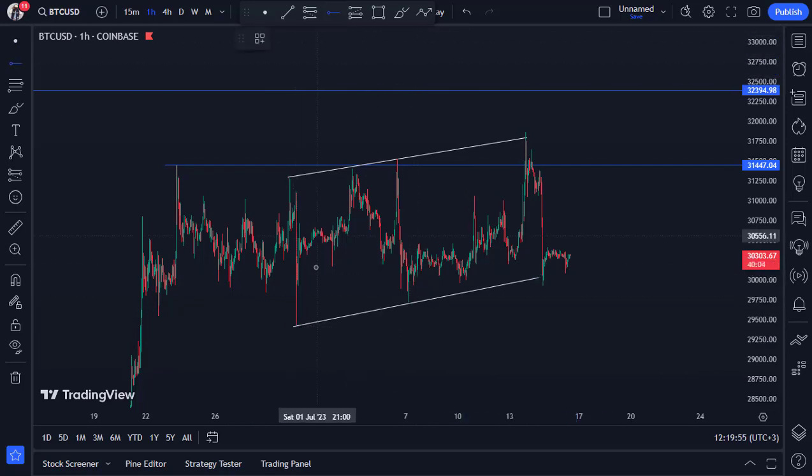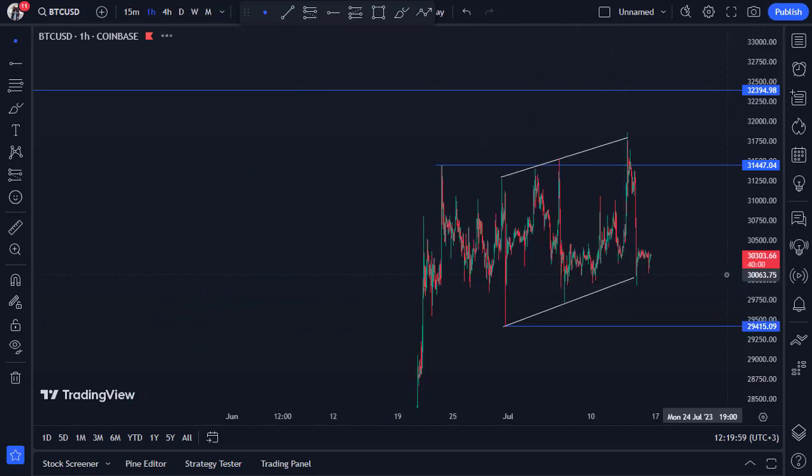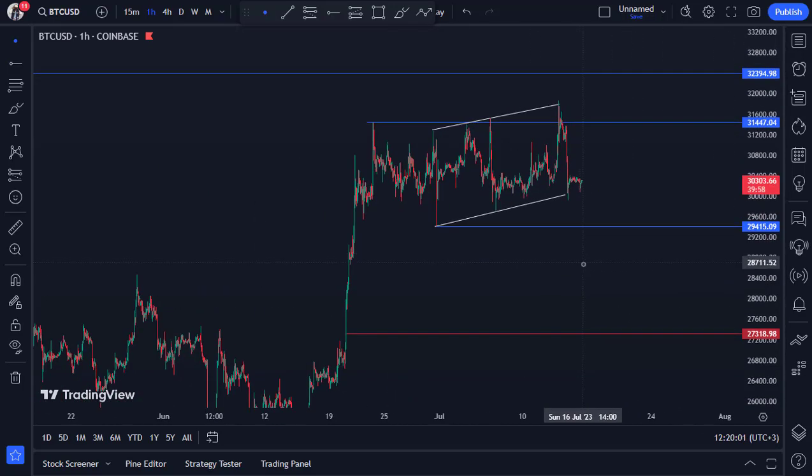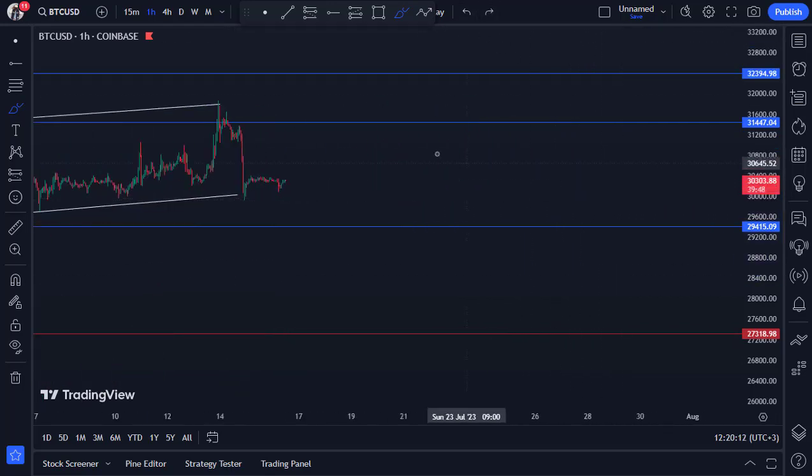Then we have our 90% rule, which is here. So for me, looking at this, I'm expecting this price to push to the downside. And looking at this impulsive leg over here, it's a clear indication that we might get another push to the downside. Now let's look for a value area for that push to the downside.